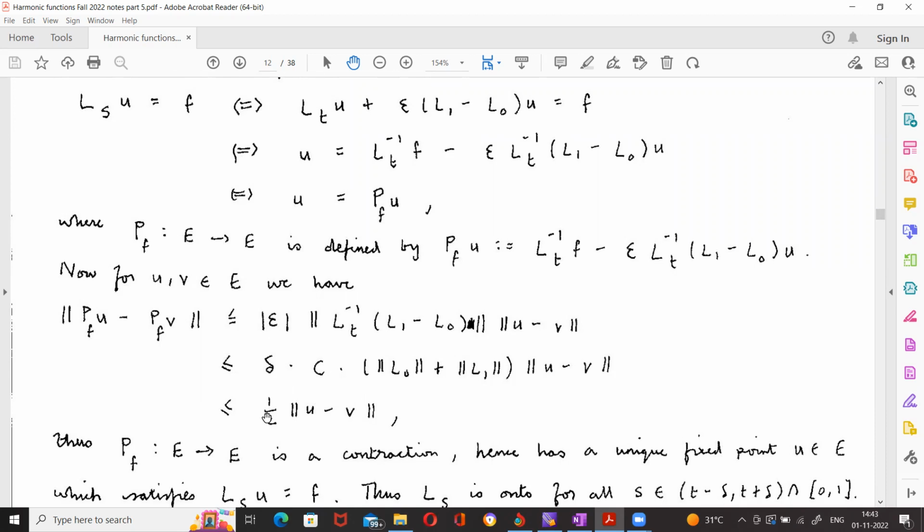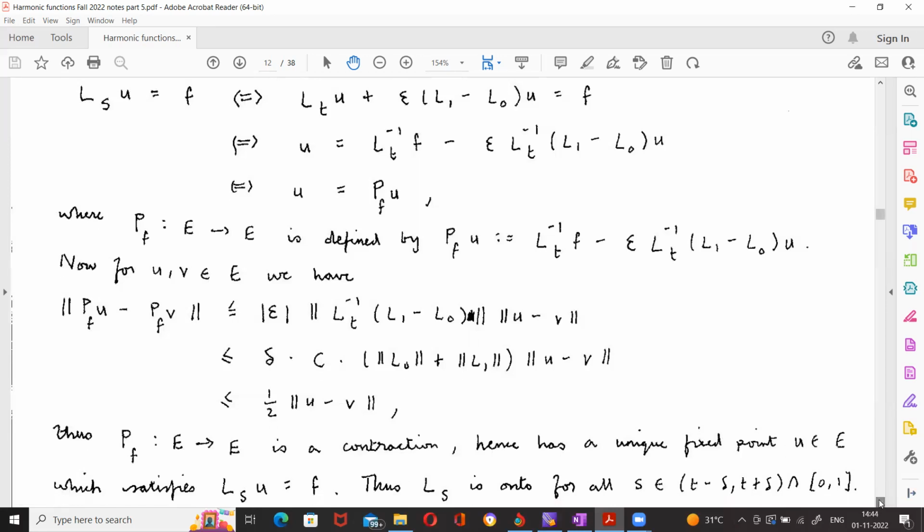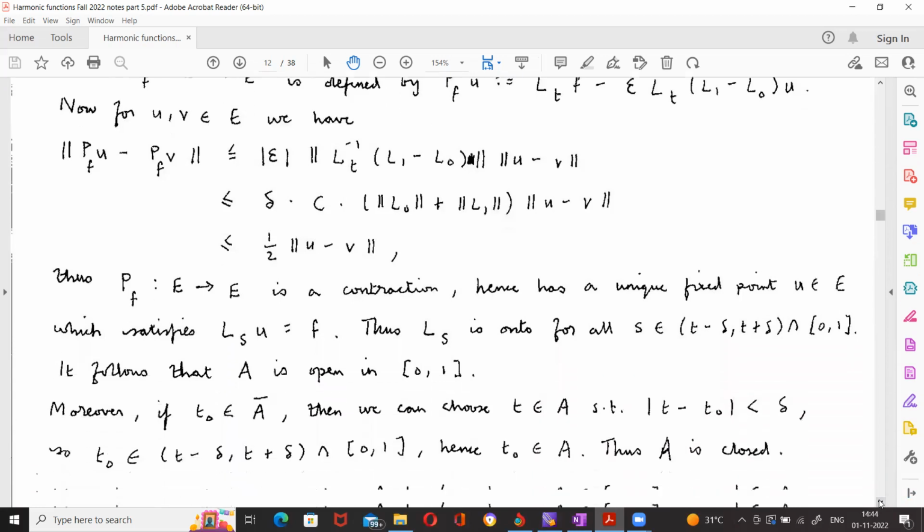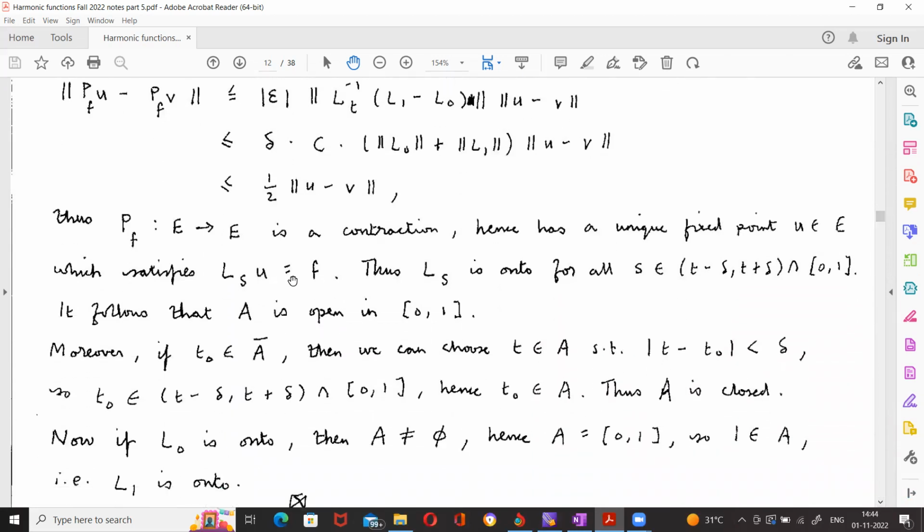So the whole thing becomes less than half times norm U minus V. That means that this operator P sub F is a contraction. Therefore, it has a unique fixed point U. And that fixed point will satisfy LS of U equal to F. So that means that LS is onto for all S in the interval T minus delta to T plus delta intersect [0,1]. Therefore, A is open in [0,1], right?